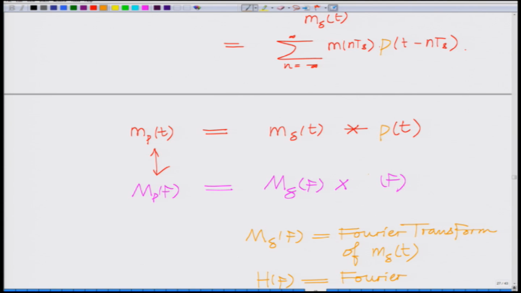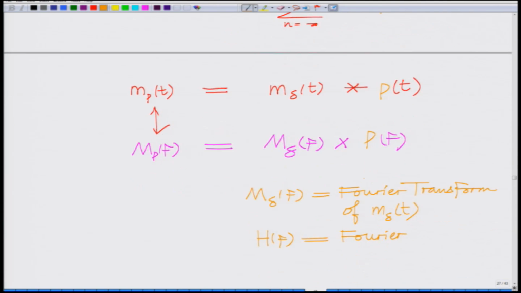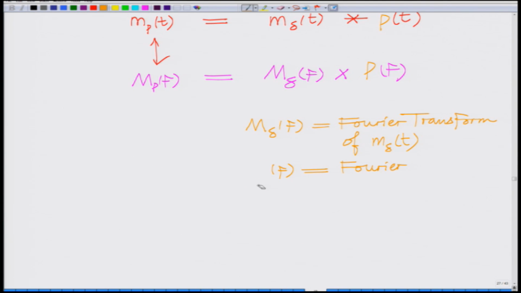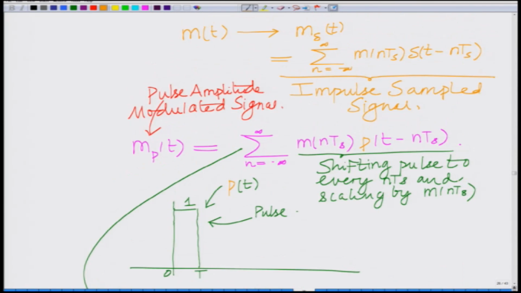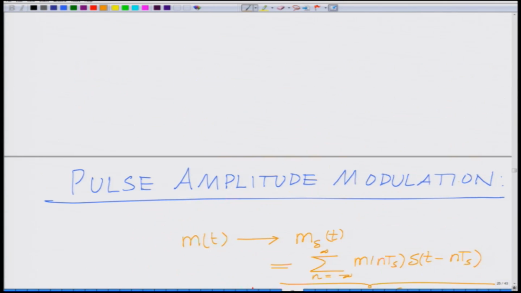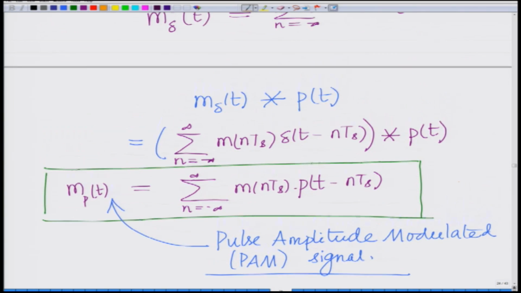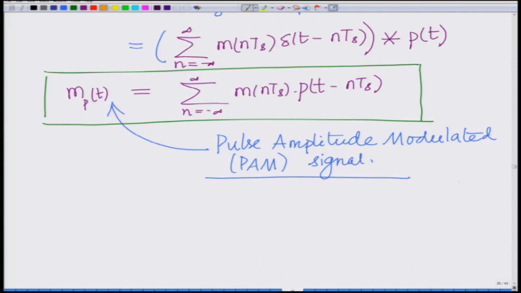So, this will be P of f, where P of f is the Fourier transform of the pulse shape p of t.